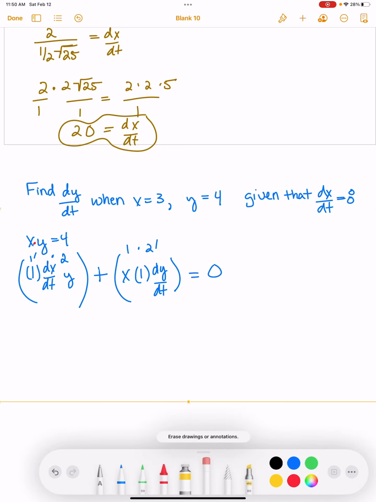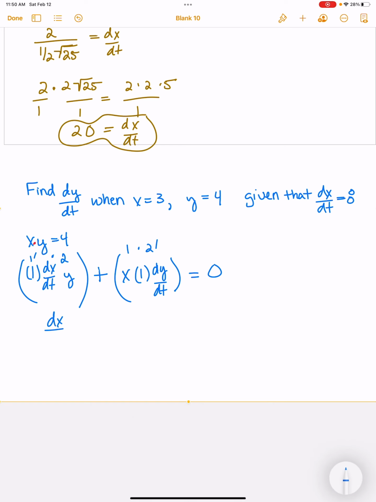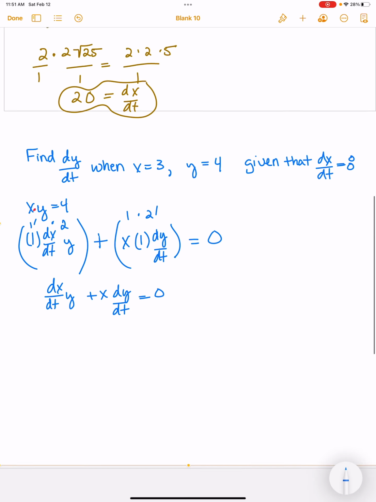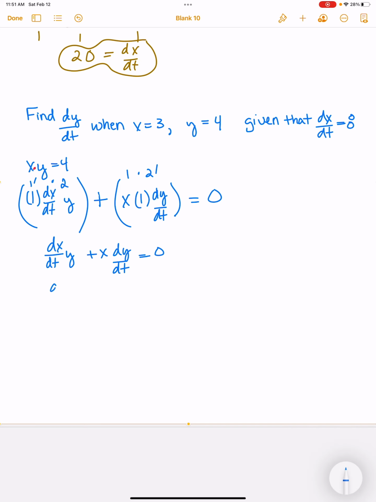Okay. So let's clean this up a little bit. So we have dx/dt times y plus x dy/dt equals 0. Okay, and we are looking for dx/dt. So what we want to do is isolate what we're looking for. So dx/dt.